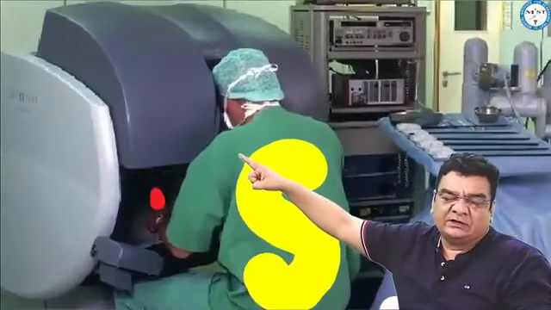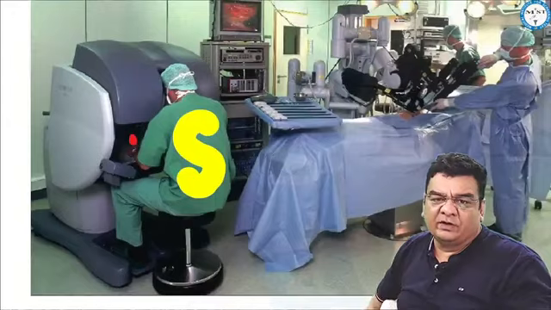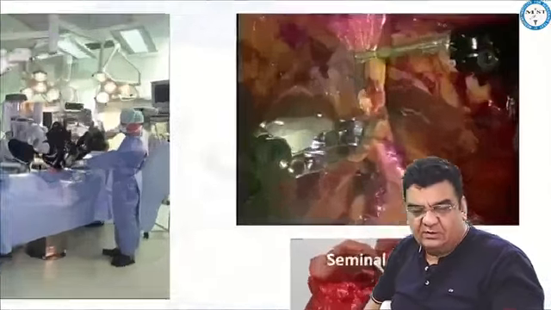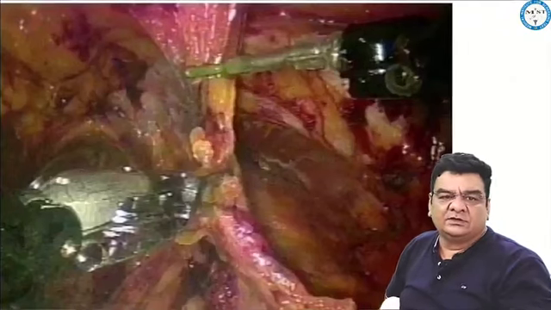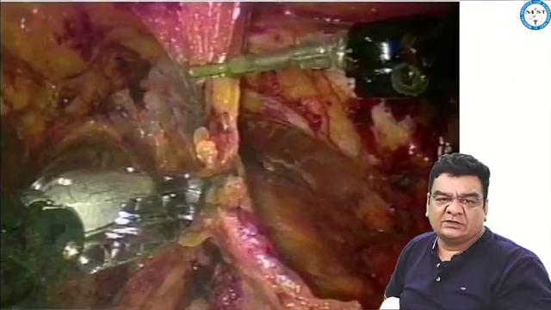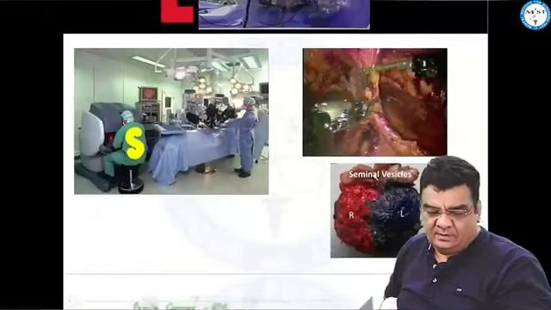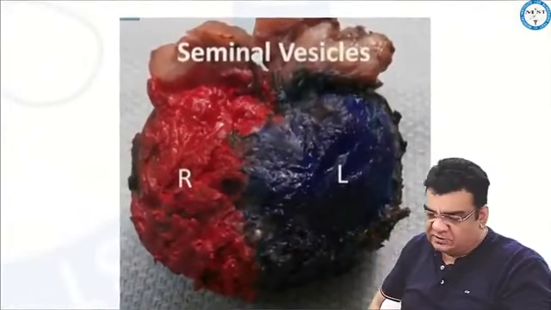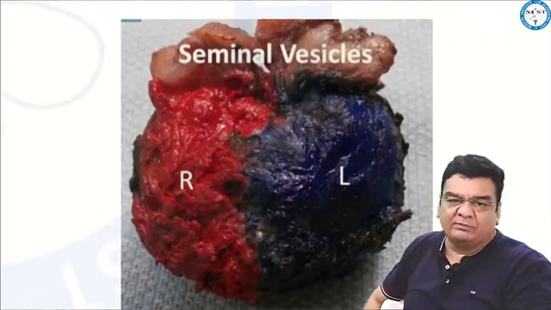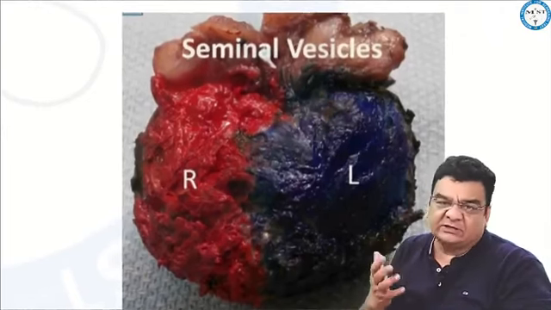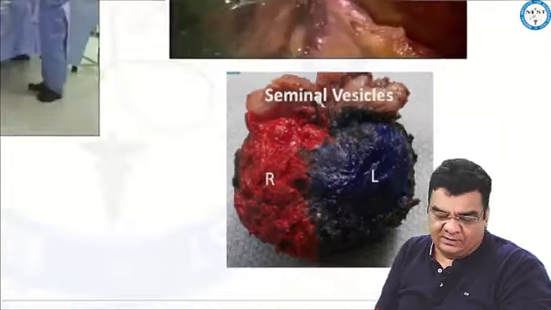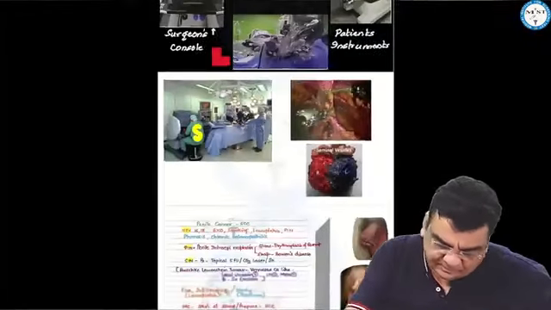So this is a computer guided surgery. Since it is a computer guided surgery, the surgical precision will be better. This is how the robotic instruments are working inside. That is why robotic surgery is becoming in fashion nowadays, because you can do it through a computer, so you can see the things in millimeters. This is a specimen of radical prostatectomy.